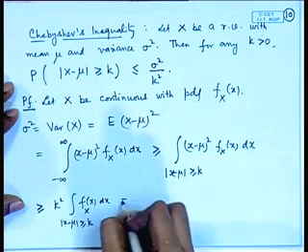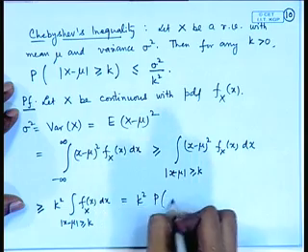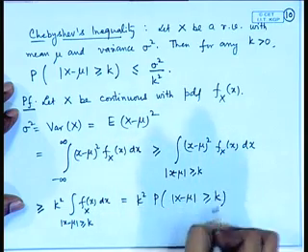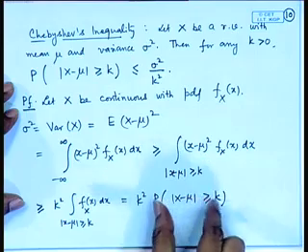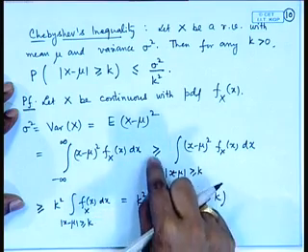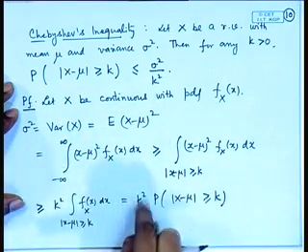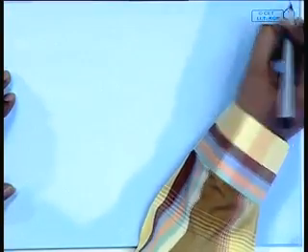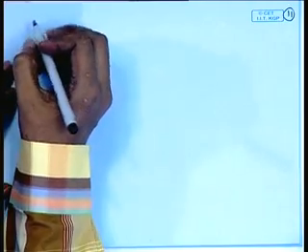And this is nothing but probability of modulus x minus mu greater than or equal to k. So, as a consequence, probability of modulus x minus mu greater than or equal to k is less than or equal to sigma square by k square. You can write down the alternative forms of this inequality by taking the complementary event here.